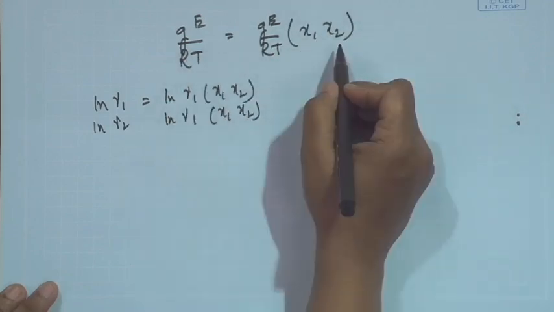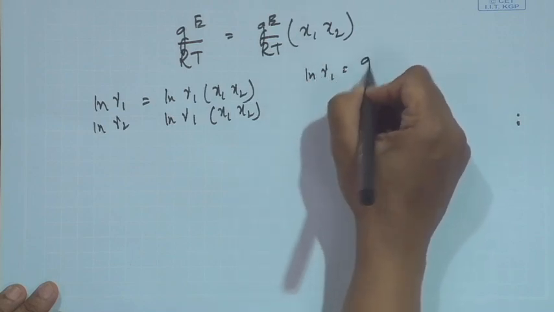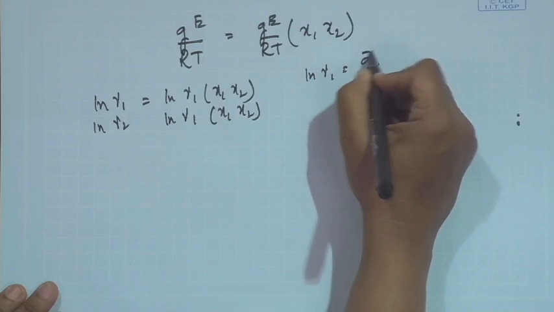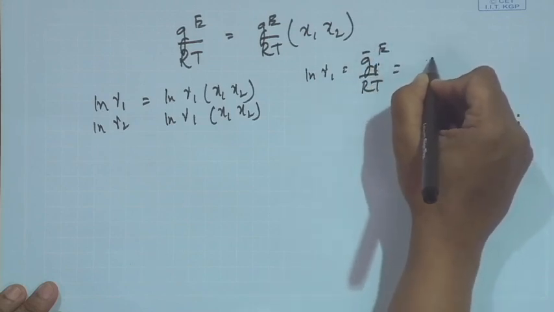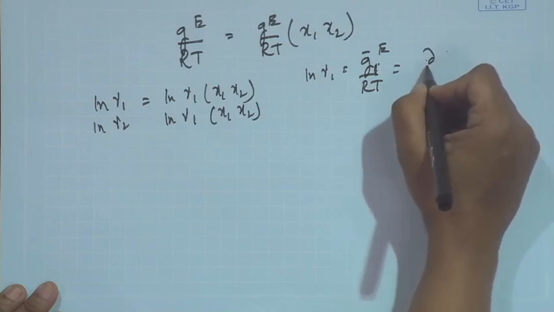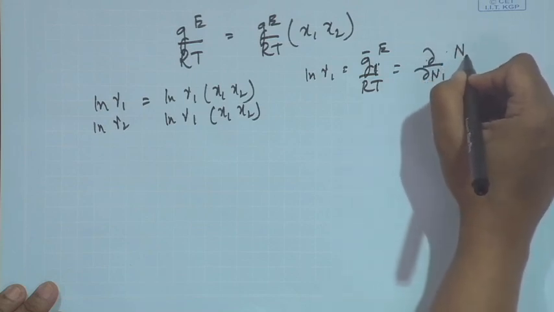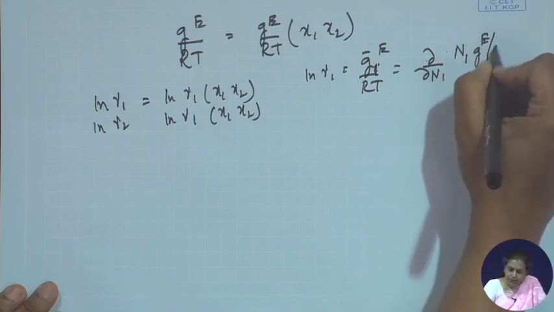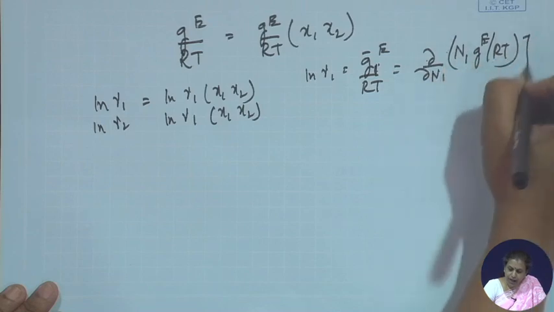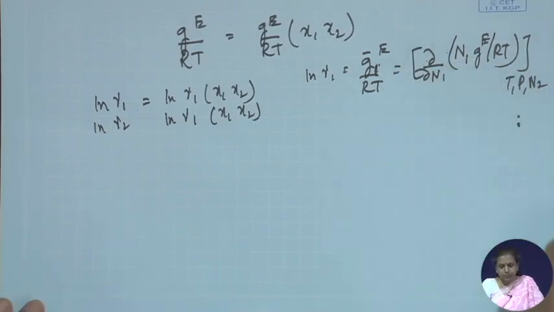Now, once this can be expressed, we know that ln gamma 1 is nothing but g1 bar E by RT, and this can very well be found out by expressing your del n1 of n1 GE by RT at constant temperature, pressure and N2, right.